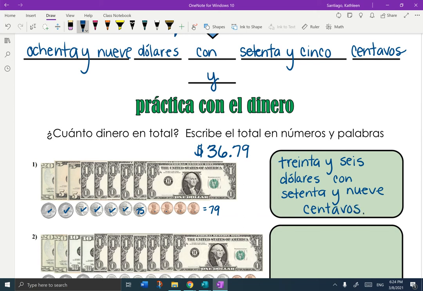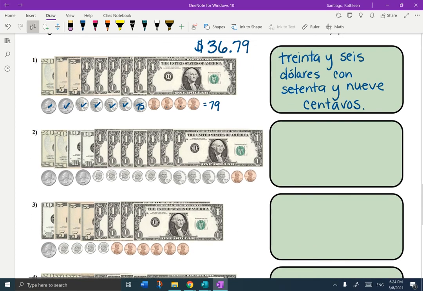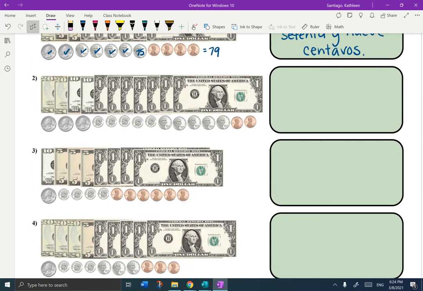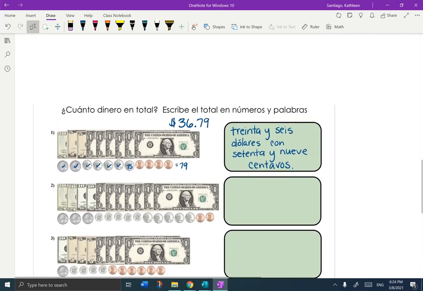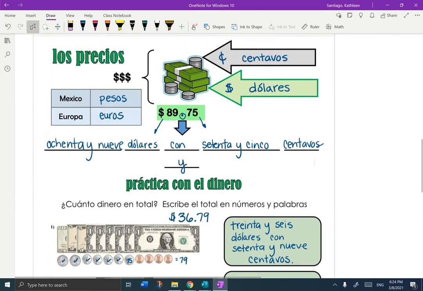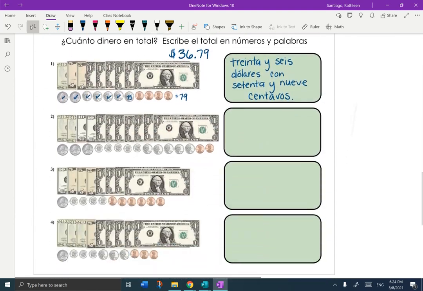Okay, that is your example. That leaves you three money totals to practice with as part of your classwork for today. Again, use the information that you have above that acts as a model and then a reference. Okay, muy bien.